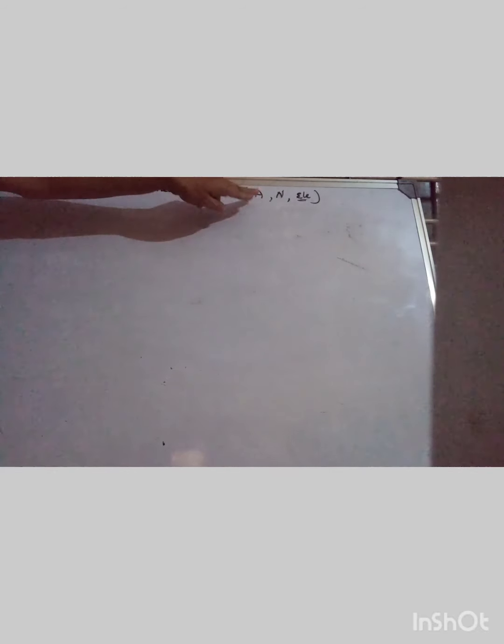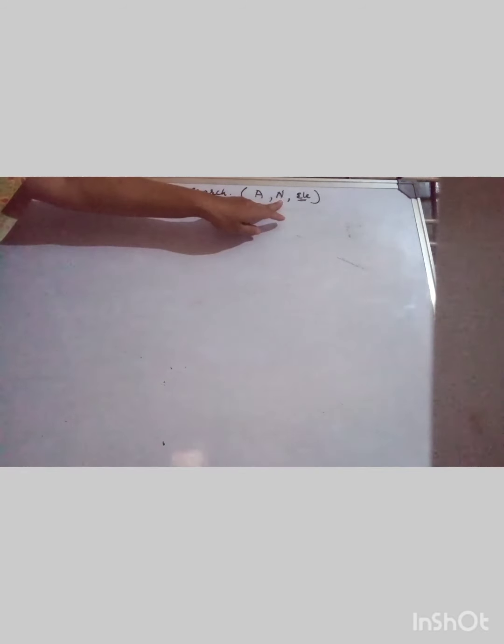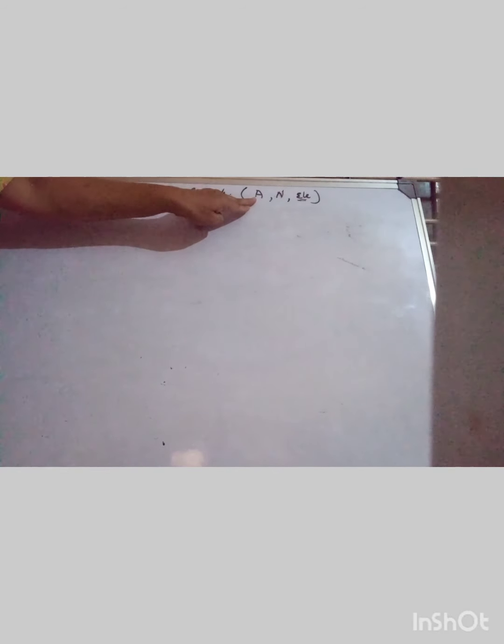Here A is a linear array with n number of elements. ELE is the element whose location you have to find in the array list. Suppose if the element is not present in the array list, it should give the answer as element not found.